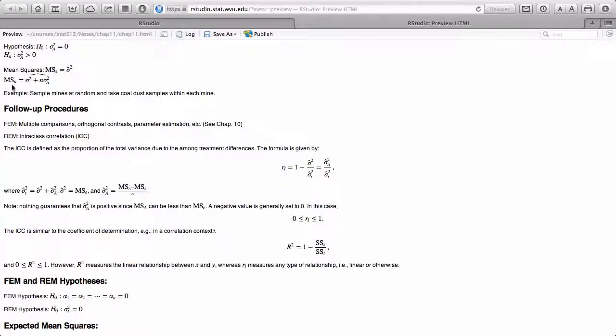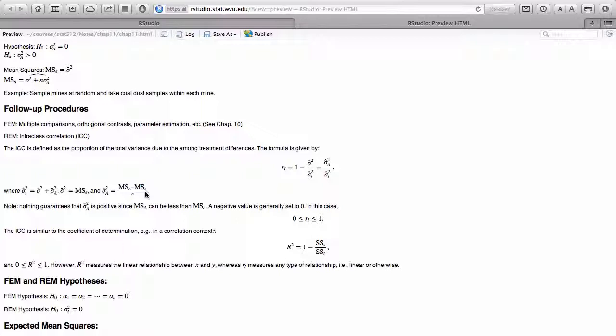And you can see from here that the mean square for A is equal to this. And if you solve for sigma squared sub A, now notice that the hat actually goes over both components, and so this isn't strictly true. In other words, it is not necessarily the case that my estimate, sigma hat squared sub A, is even positive. The reason is that if I look at this equation right here, the mean square among can be smaller than the mean square within.